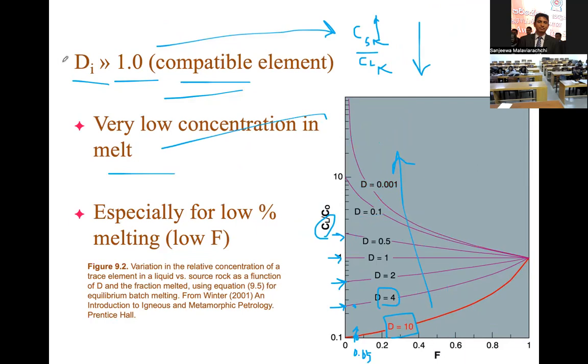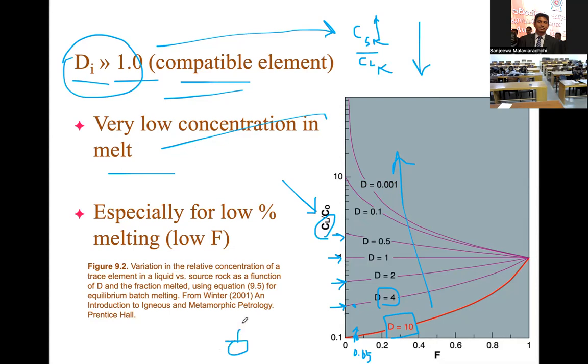For one element, D is less than 1. For the other element, D is greater than 1. But you always measured Cl over Co, that means the liquid composition. The composition of the liquid is less because that particular element is compatible and has a preference for going into the residue or the solid.